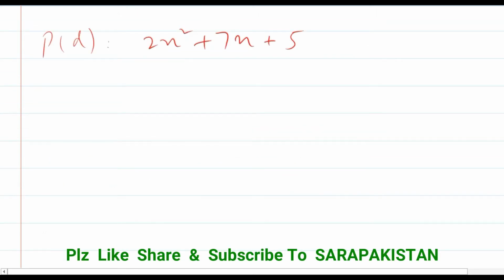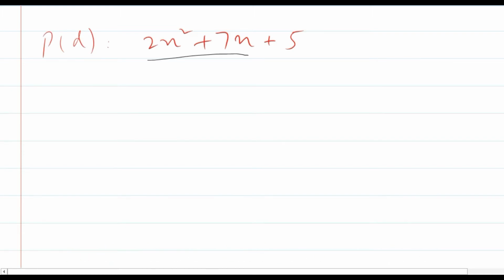When you take common from these two, you are left with x square plus 7 over 2 x plus 5.